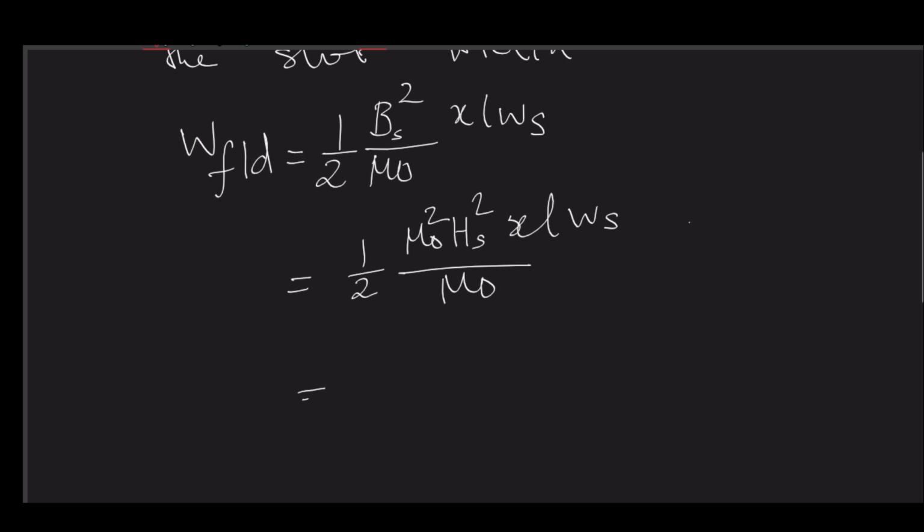Then it will give you half mu naught, then H square can further be simplified as I square Z square times L WS by WS square, so basically it will give you this.